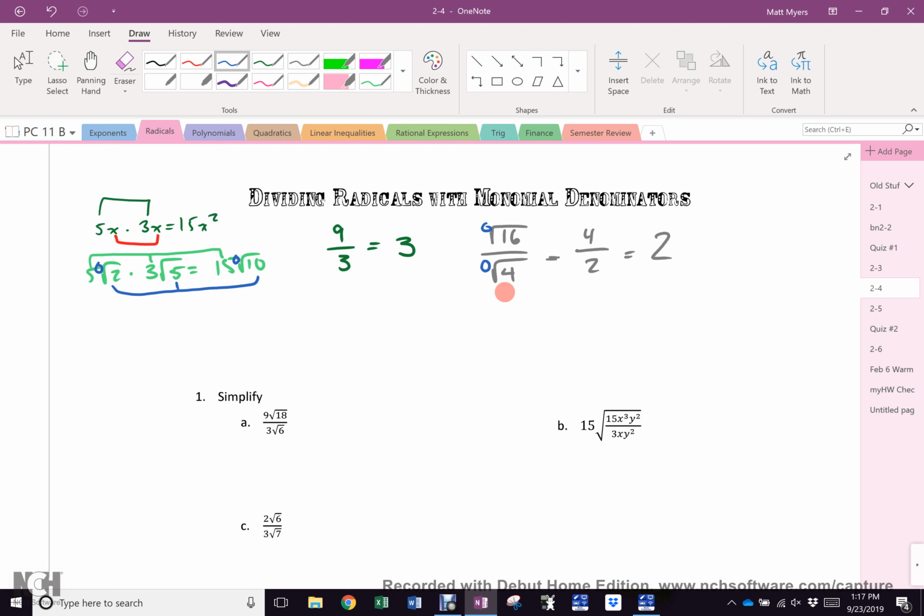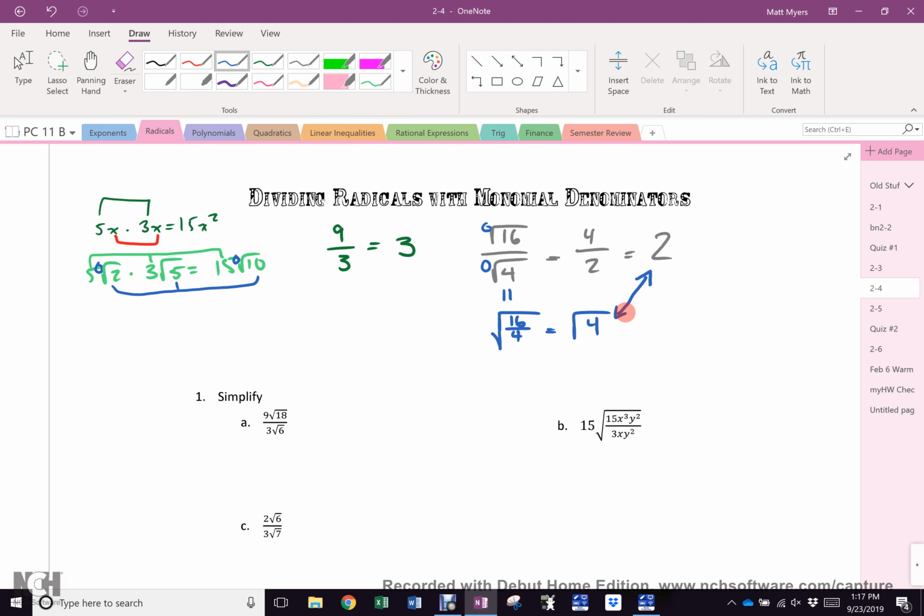So this also equals the root of 16 over 4, which is the root of 4, which is 2. Everybody good? Yeah?